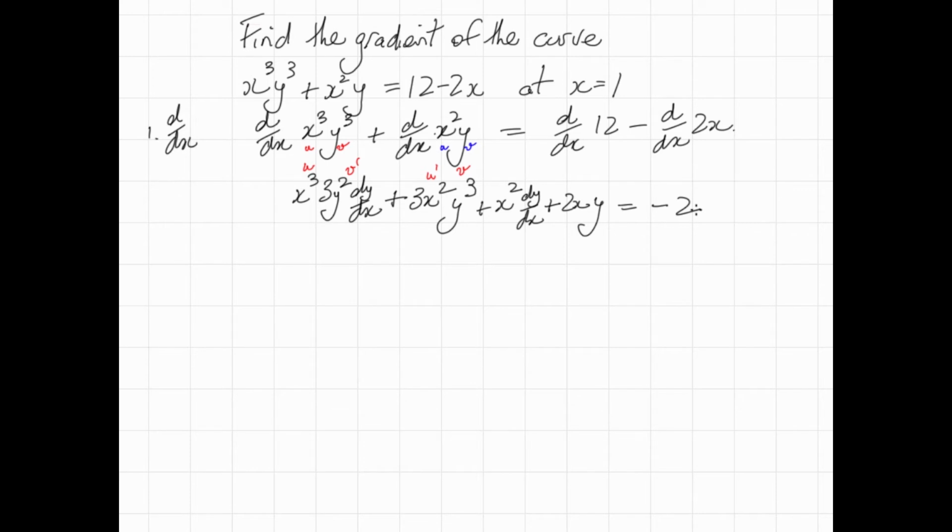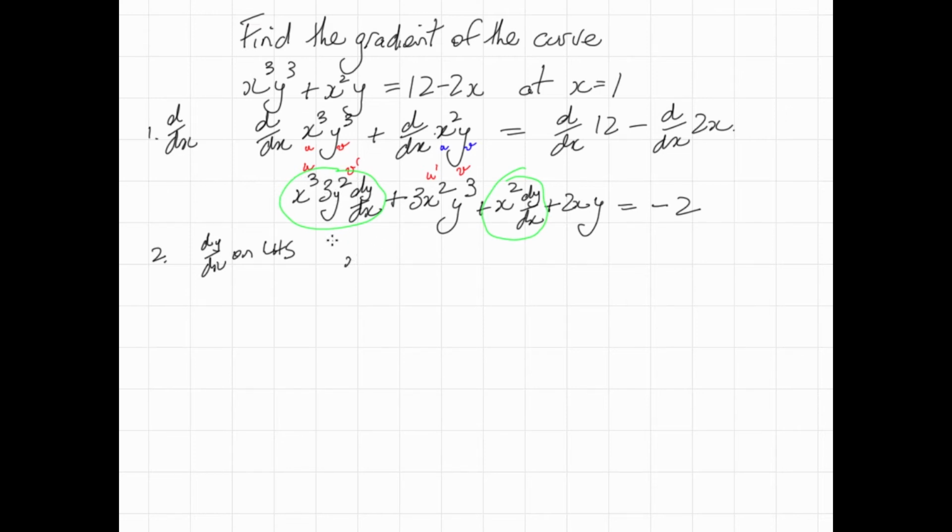Alright, that's the first step. Now, the second step is to get all the terms with dy/dx on the left hand side. We need to identify which terms have got dy/dx. We've got this one here and we've got that one there. So we're going to get all those on the left hand side. Maybe we'll just write this a little bit better.